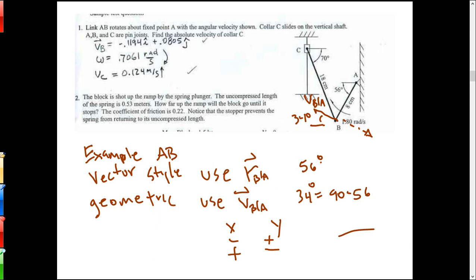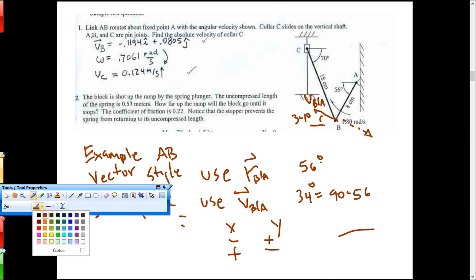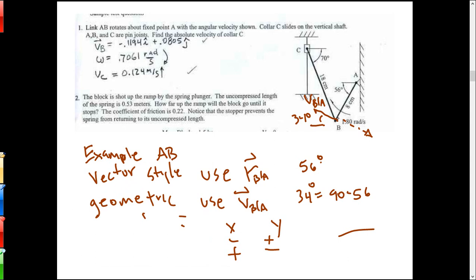That just won't work, because the velocity of B with respect to A can't be those other two things. It can't be plus, plus, because it ain't doing that. It can't, because it's rotating about A. Nor can it be minus, minus, because that would be shown like that, and it's not doing that, okay?